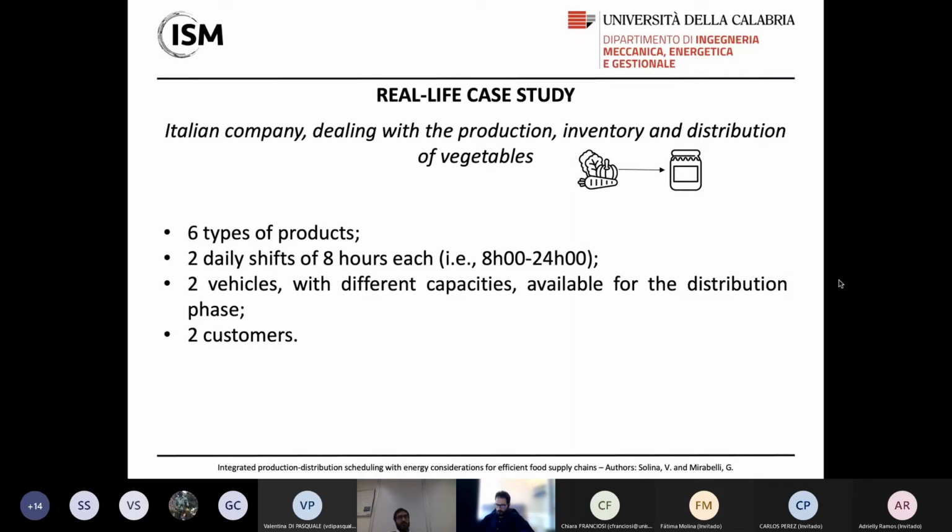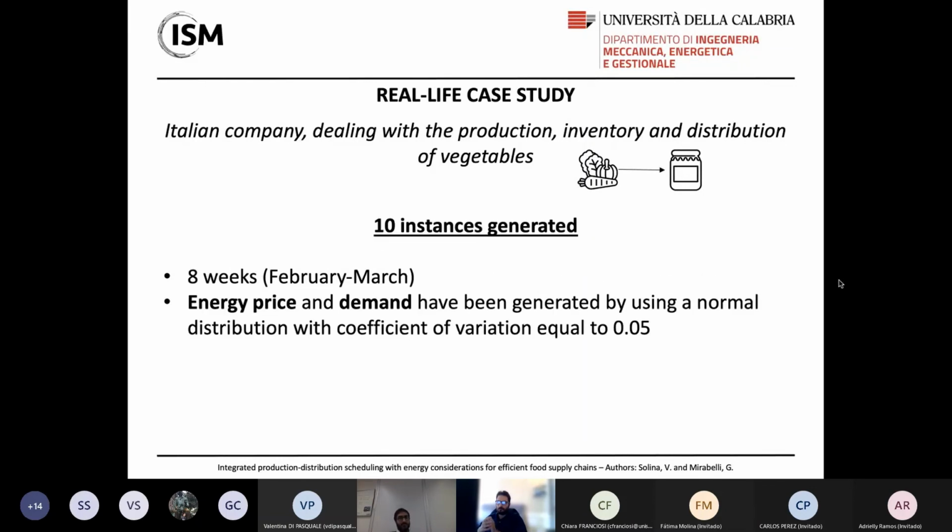And we have 6 different product families. We have 2 daily shifts of 8 hours each, and 2 vehicles for the shipments and 2 different customers. Then we can say that the size of the model is small to medium, but for sure not so large for the case study.